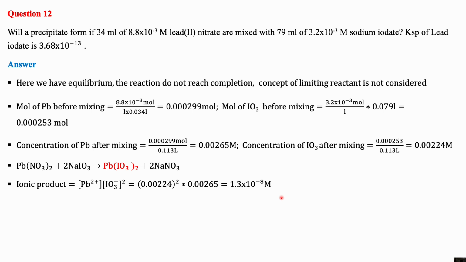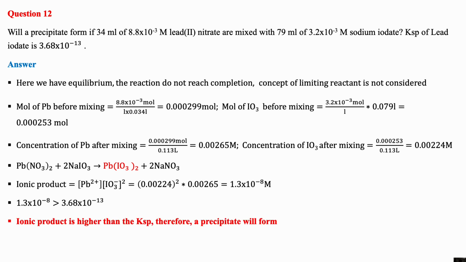Now, to know whether a precipitate is going to be formed, we need to compare the ionic product with the Ksp which was given. We will see that the 1.3 times 10 power negative 8, which is the ionic product, is higher than 3.68 times 10 power negative 13, which is the Ksp, and in this case we conclude that the precipitate is going to be formed.